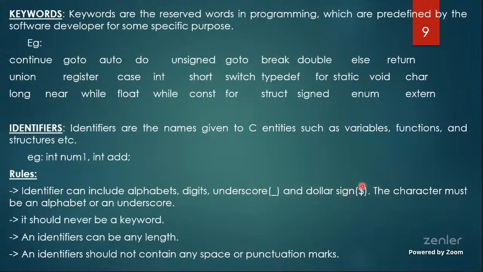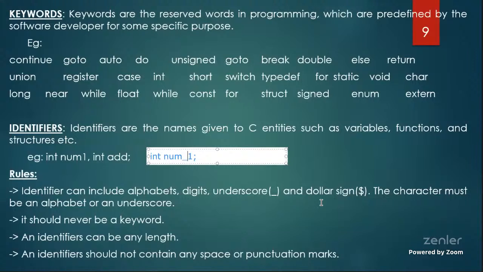For example, let me apply the first rule: int num1. Does it have alphabets here? Yes. In the variable name, I have alphabets, and also I have a number here, that is digits. Next, underscore also you can use, for example, in this way, num_1. And dollar sign also you can use.